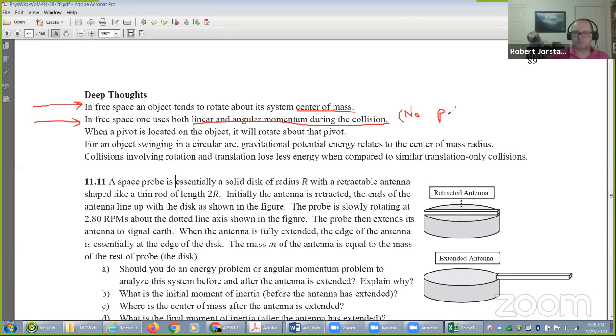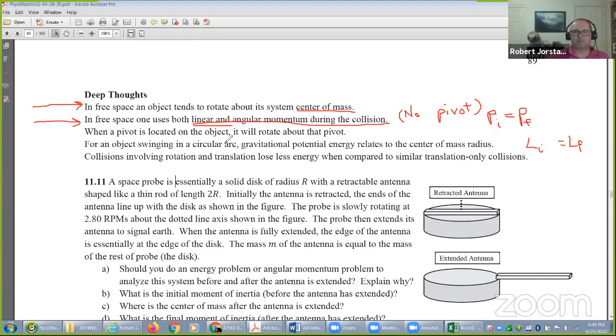And this is what we just discovered, in that problem 11.9. If there's no pivot, you get both P initial equals P final and L initial equals L final. All right, that's cool.